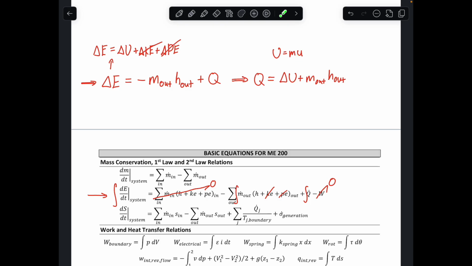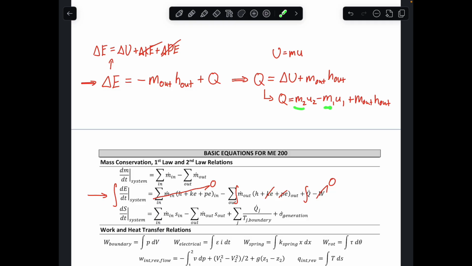So we can write this out again as Q equals M2U2 minus M1U1 plus M out H out. Right, because with this delta we get final minus initial. And so this is the final form of our first law that we are going to use, rearranged to solve for heat transfer.